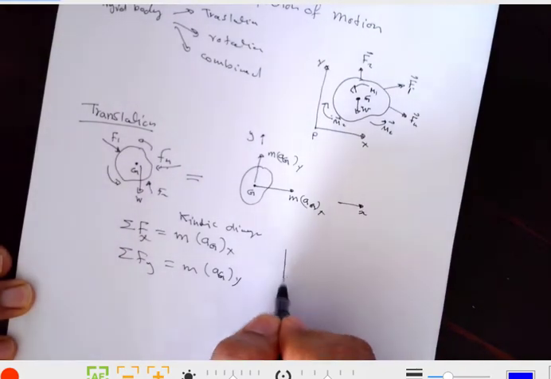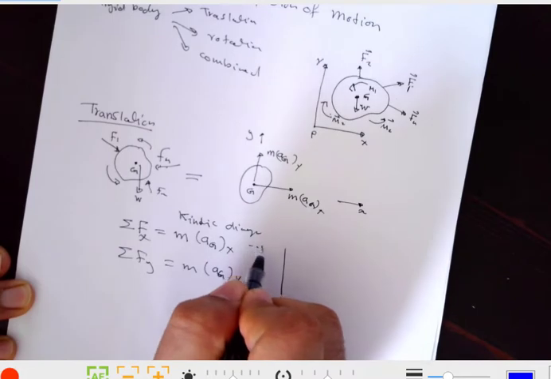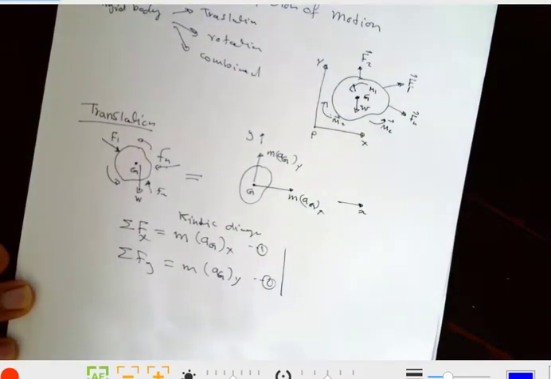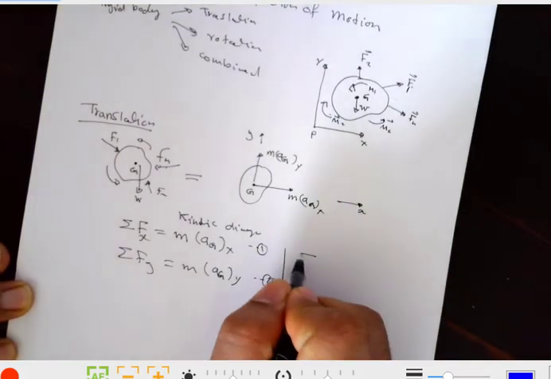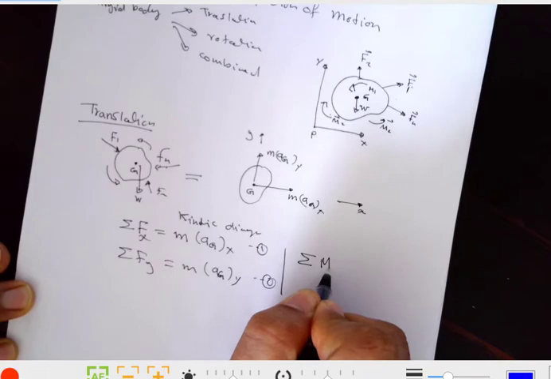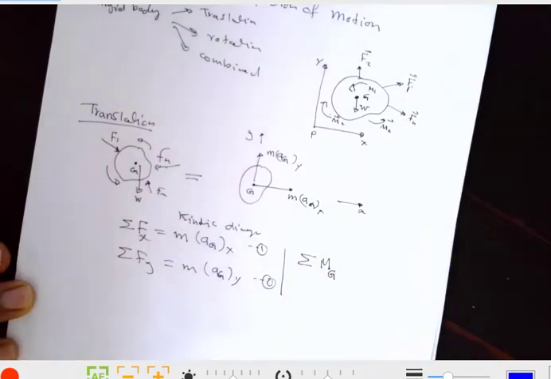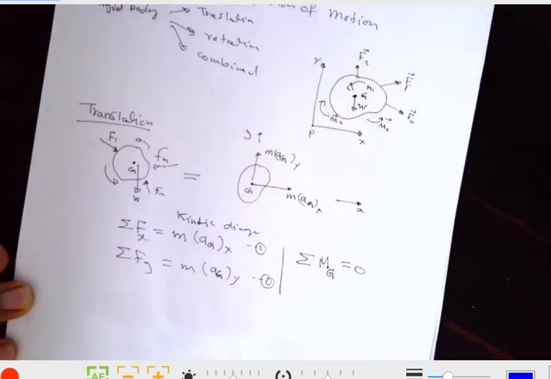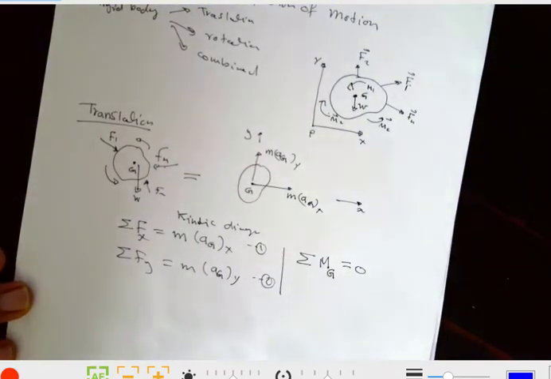So this is equation number one, this is equation number two, to guarantee it's translating, but to guarantee that the system is not rotating, the summation of all the moments measured at G must be equal to zero.